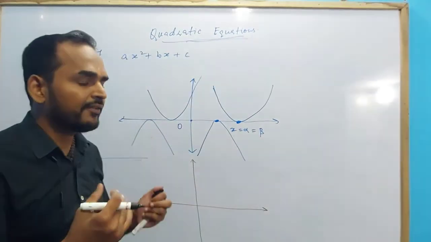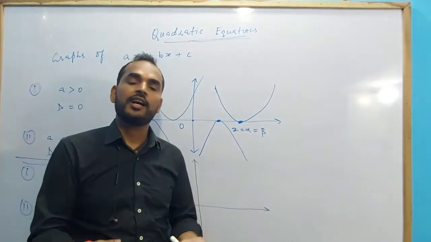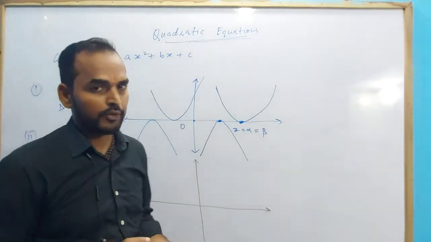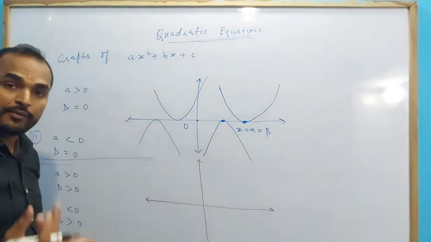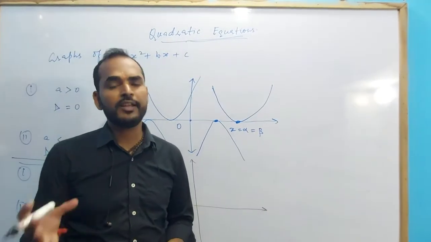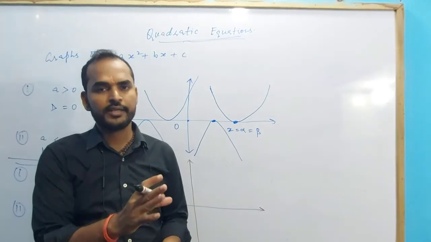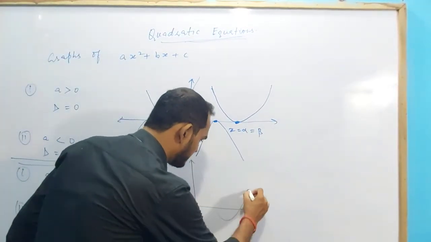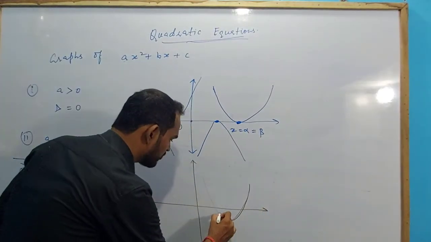Okay, and if d is a perfect square, then alpha and beta will be rational or integral. But when d is not a perfect square, then alpha and beta, the two roots, will be conjugate and they will be irrational. So suppose the graph is going like this.